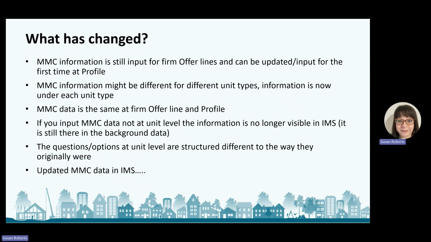So if you originally input MMC data that wasn't at a unit level, so it was at the offer line or the profile level, the information is no longer visible in IMS. It is actually still there in the background data. If we were to run reports on it, it does still show. But obviously it's not consistent with the data that we've got now, which is a bit more detailed.